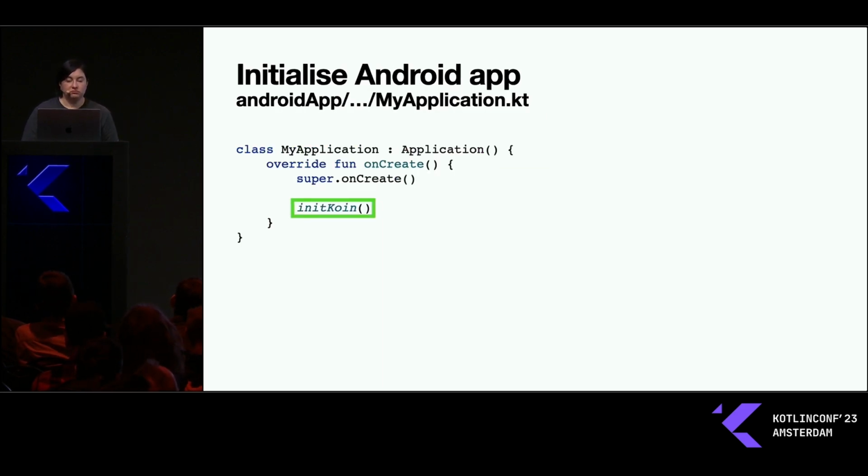So next we need to call the init Koin function that we just created from the right part of our application's lifecycle. So for Android, this is pretty easy, as you might have guessed. You basically just call it directly from the onCreate function in your application class.